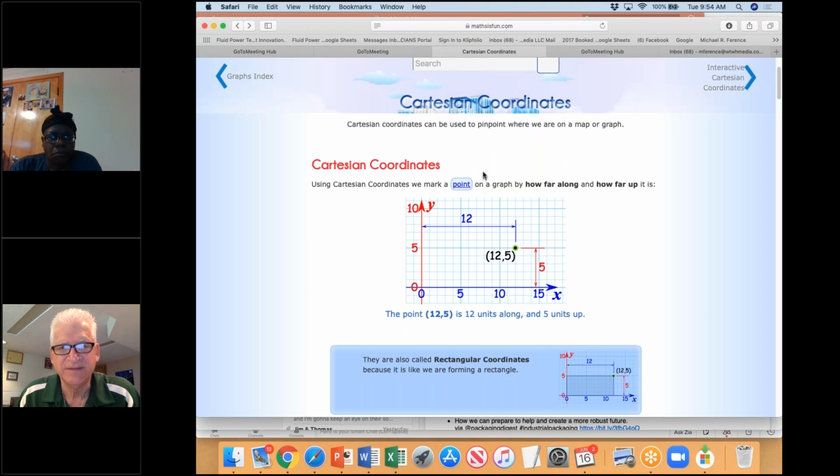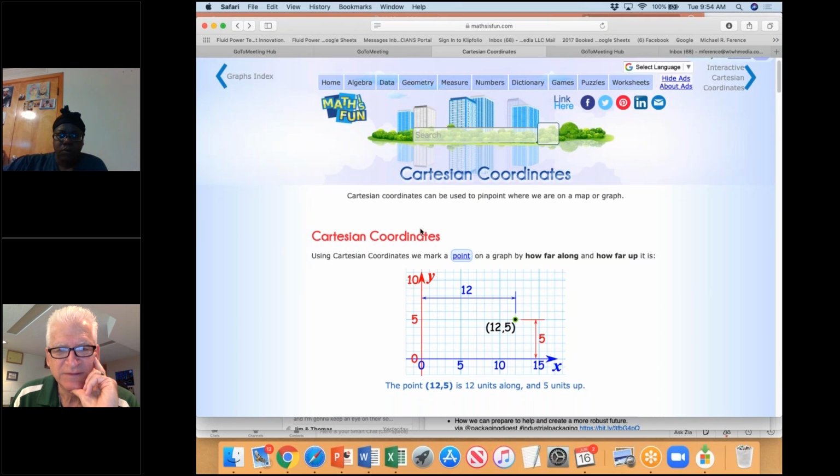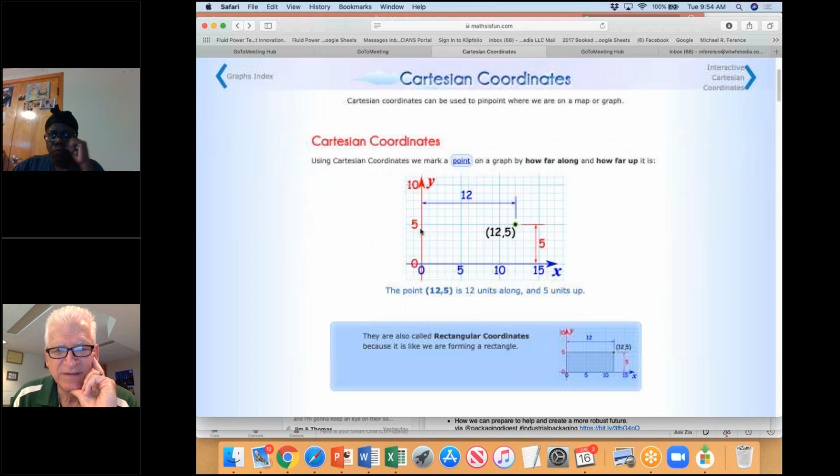This is a sample of that website. This is not necessarily part of the lesson, other than the fact that if you go to mathisfun.com, you can play with Cartesian coordinates, and there's a couple of games in there that help you to plot x and y and make graphs.